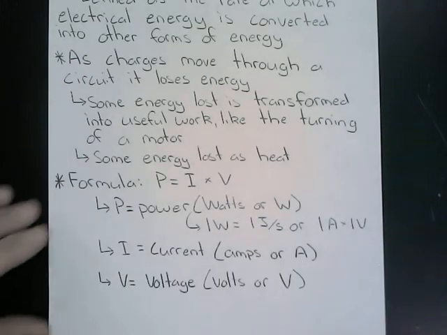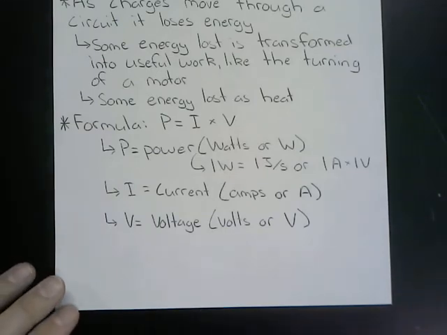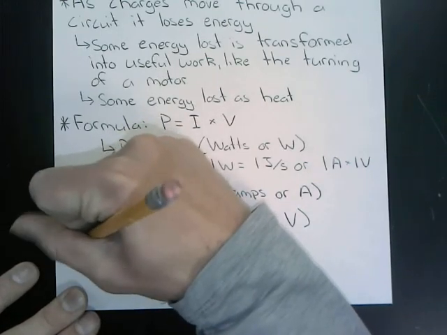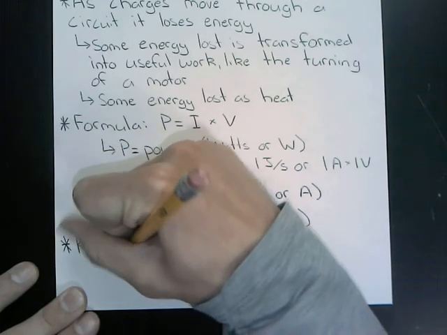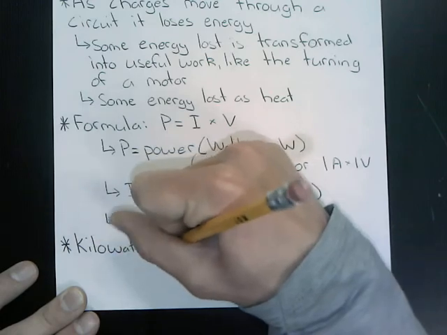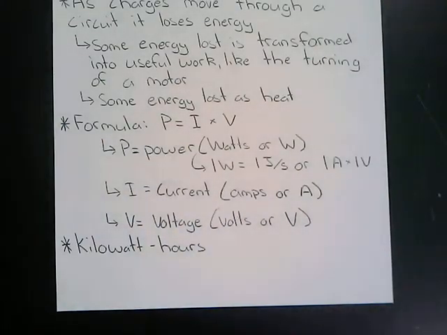As we're on electrical power, you may look at an electricity bill someday in your life, and you'll notice that they express the amount of electricity that you used in kilowatt hours. Kilowatt hours are typically used by power companies to track the energy that's used in a location, like your home.